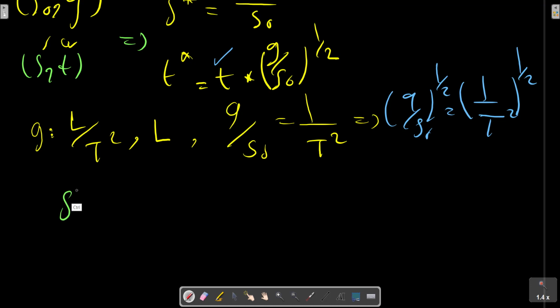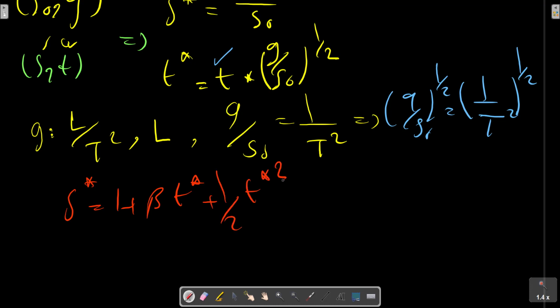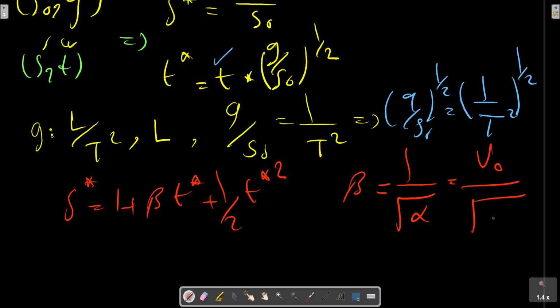So S star equals to 1 plus beta T star 2, and beta equals to the relation of obtaining alpha in the previous calculation.